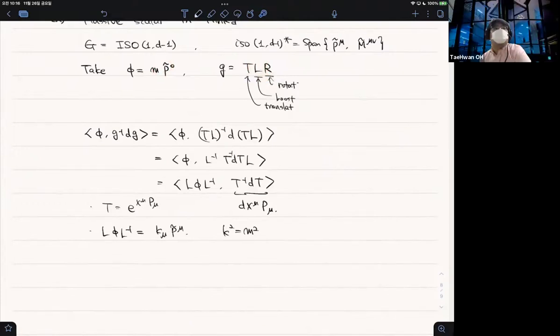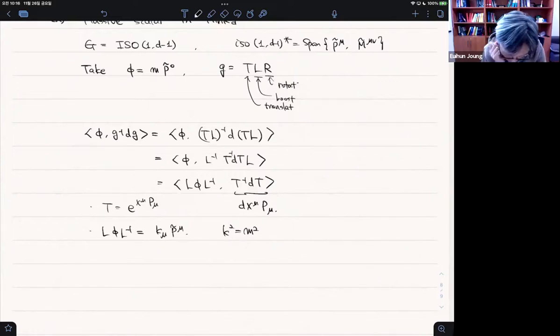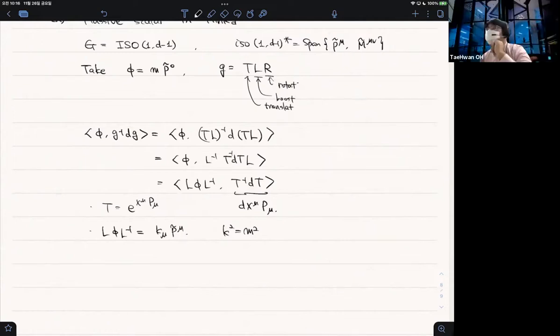I have a question. Here the translation means the special translation, right? No, all the translations. But for the MP0, I think the translation along the time is also the stabilizer here.